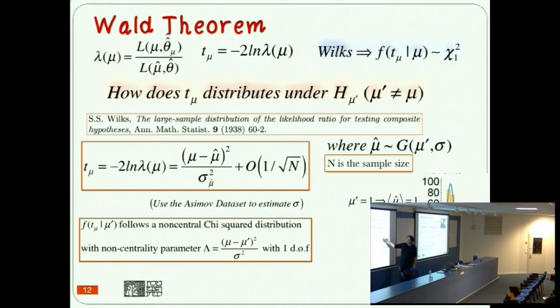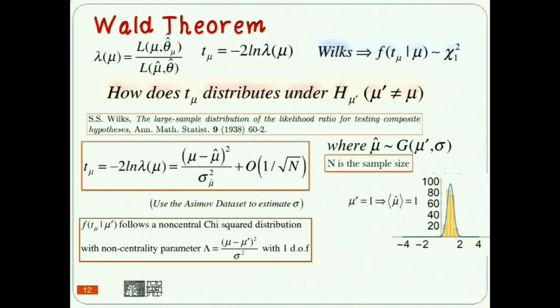And mu prime is the alternative hypothesis. If I test 0, mu prime can be 1. If I test 1, mu prime can be 0. Or if I test 0, mu prime can be any mu which is different than 0.